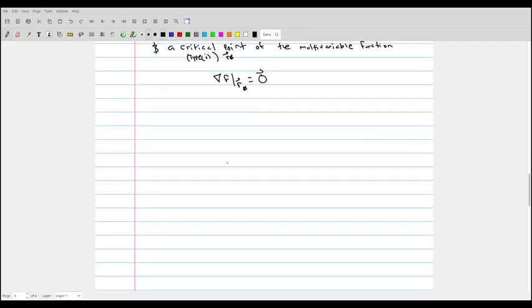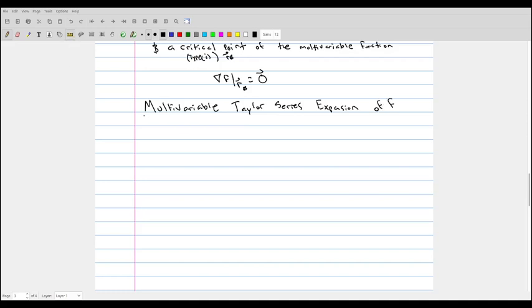Well, it turns out we can do a similar procedure to the one we did in 1D, and it's called the multivariable Taylor series expansion of the function f.